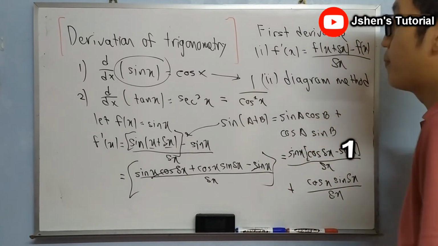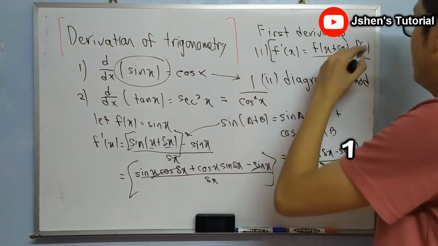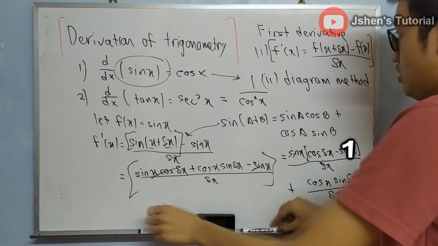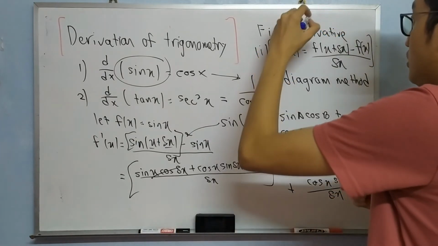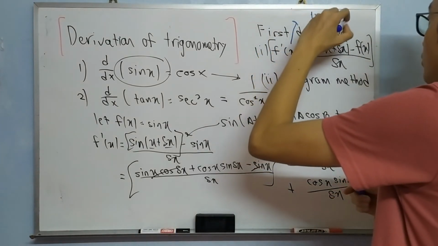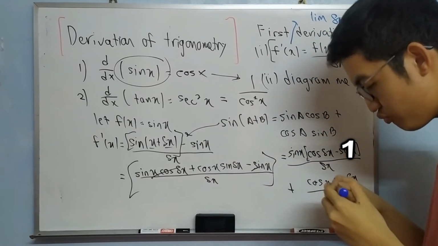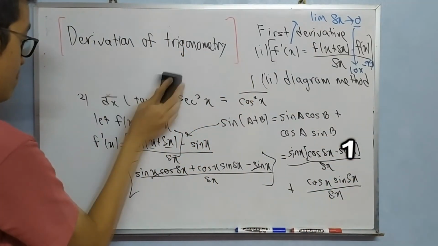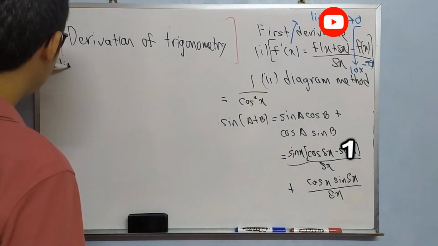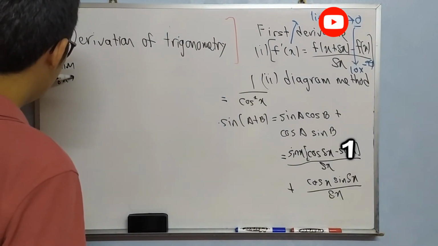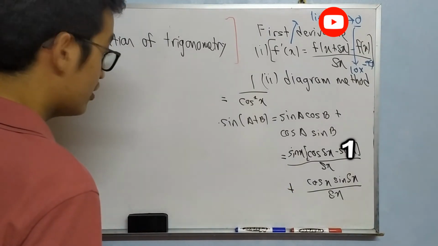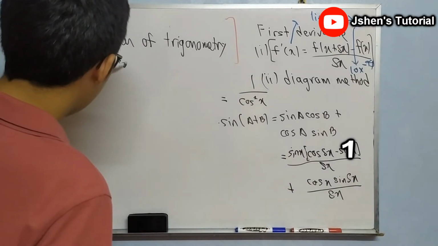Okay, don't forget, when we use this formula, we need to add a limit of delta x approaching 0. From here, put the limit notation. Cos delta x.